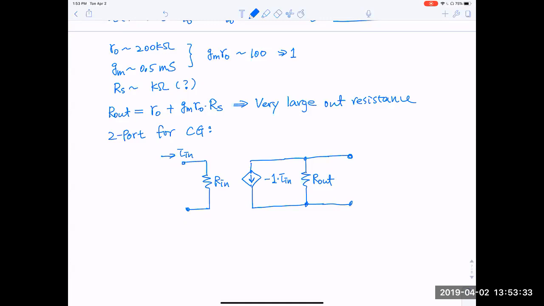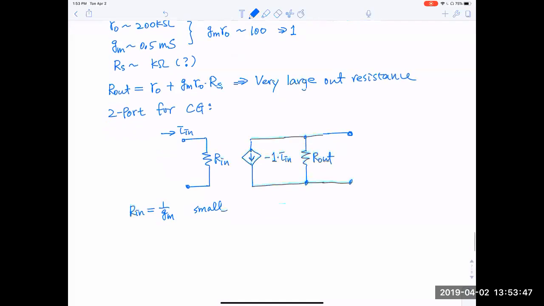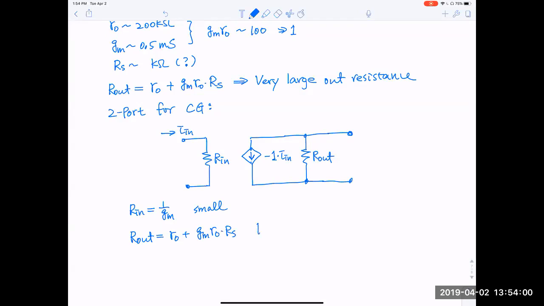And this is the output port, okay? So this is the 2-port model, and R in, we just derived, is 1 over GM. So we said we should have this as small as possible. So it is indeed a small input resistance. R out, we just derived here. It is R0 plus GM R0 times RS. So this is indeed very large.